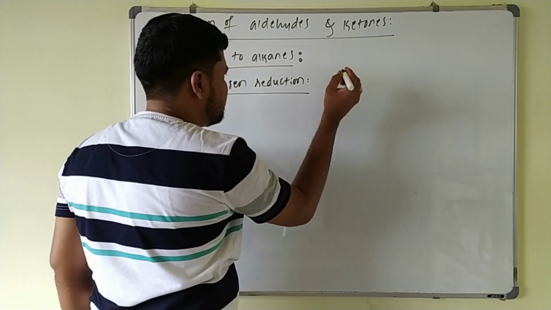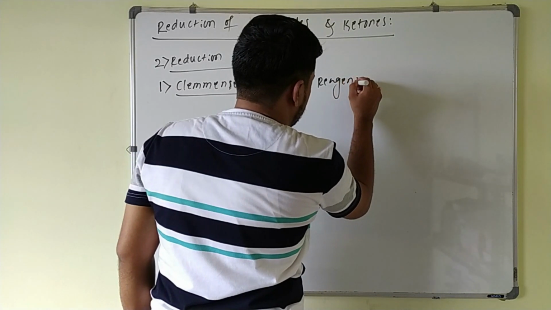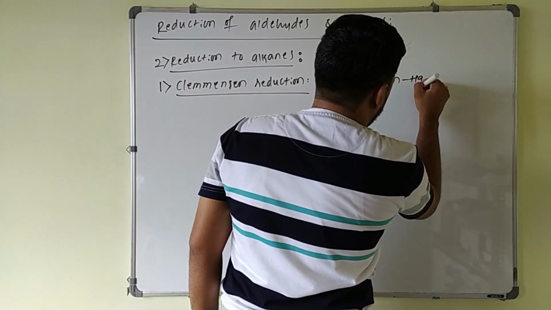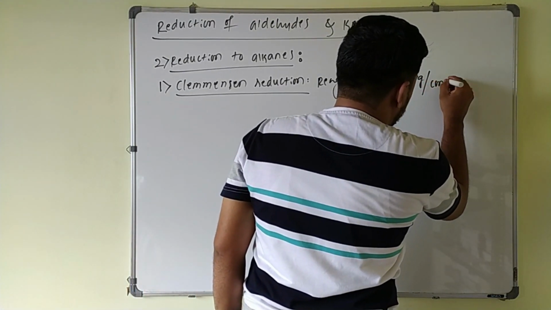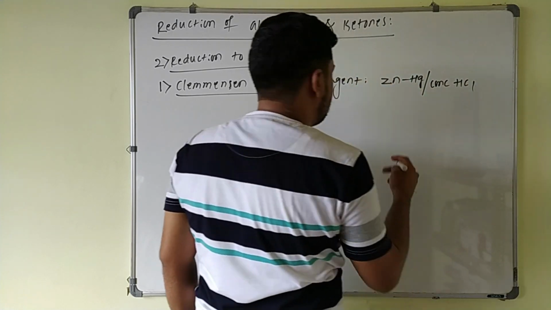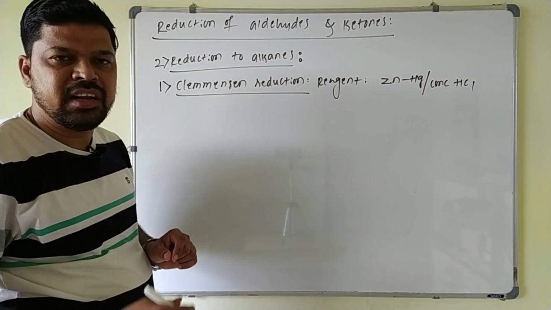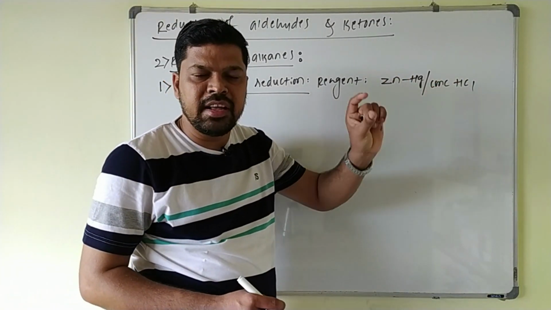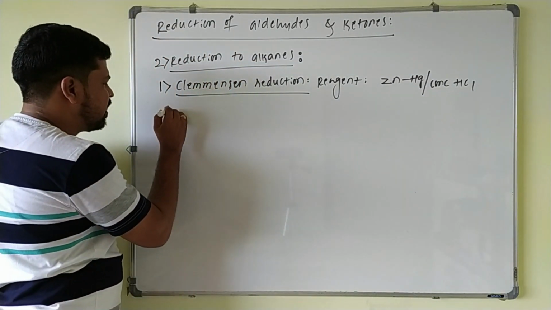In this one, the reagent used is zinc amalgam, it is zinc in mercury in presence of concentrated HCl. This is called Clemmensen reagent. Both aldehydes and ketones on treating with zinc amalgam in presence of concentrated HCl, they will produce what? Alkanes here.